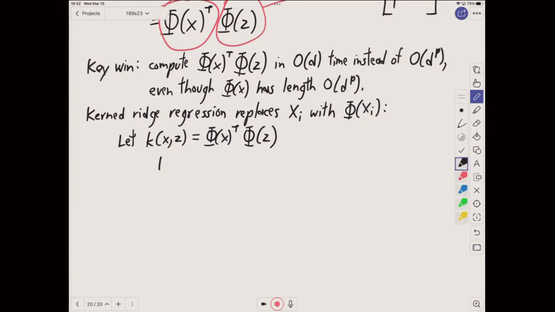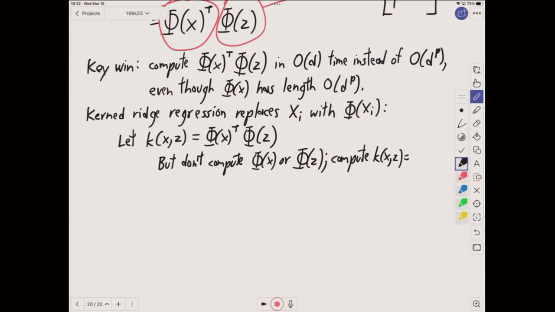So again, the big point I'm trying to make is that we don't compute those phis ever. That would be too expensive. They're 100 million elements long. Instead, you just compute this thing, and this only takes little o of d time.